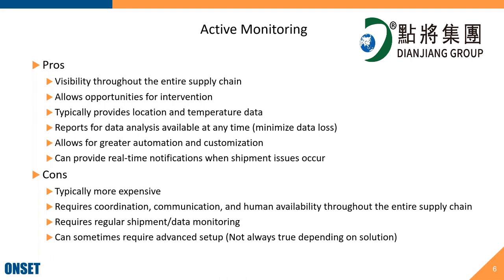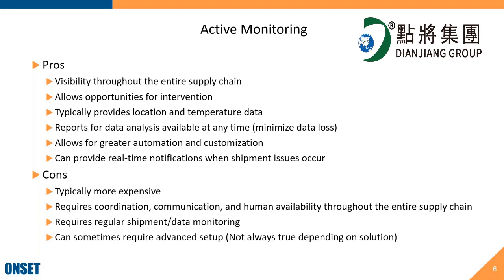And we'll talk a lot about automation in just a bit. And it can provide real-time notifications when shipment issues occur. So it's not like you have to sit in front of a computer just to take in that data and constantly analyze it. You can walk away and just rely on notifications to let you know when an issue is occurring and still have time to respond to it.